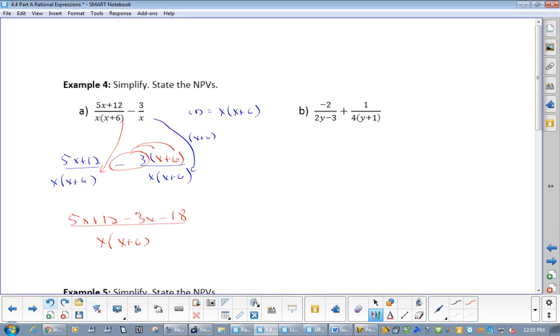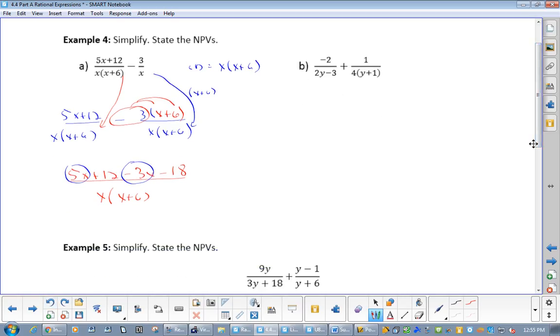Now, you have like terms because these two can get together. So 5x minus 3x is 2x. And I got 12 and negative 18 is minus 6, all over x times x plus 6. Now can I factor anything out of that top? 2.